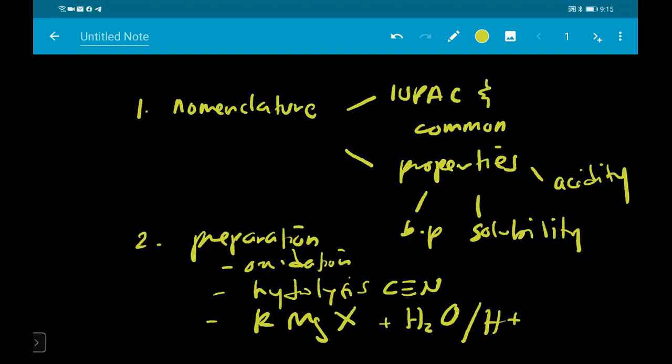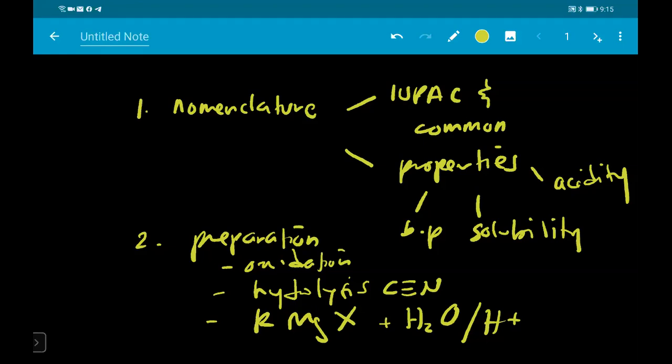Who can tell me how many carboxylic acid derivatives there are? Okay guys, how many?